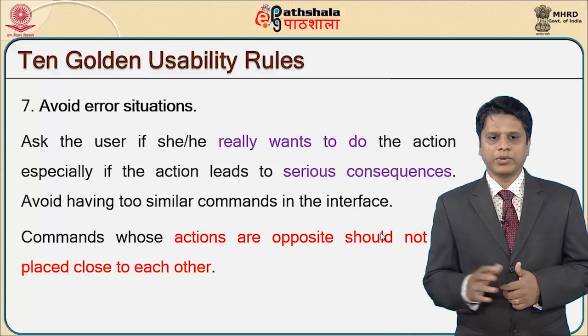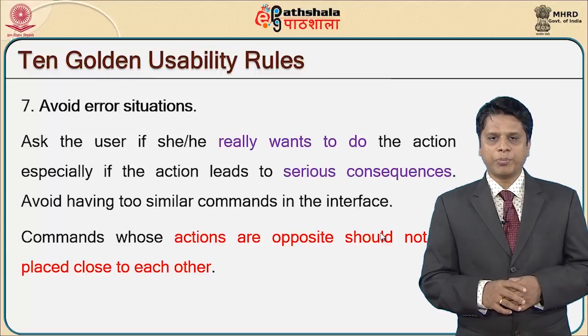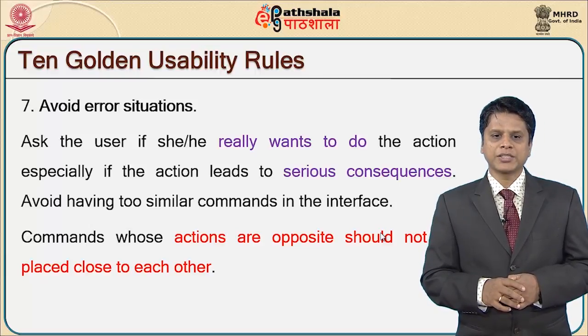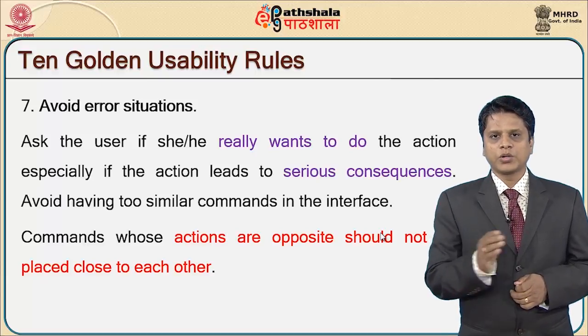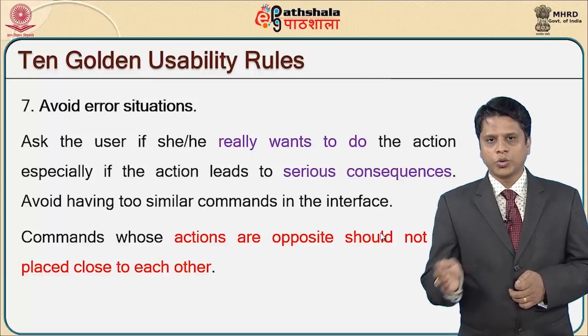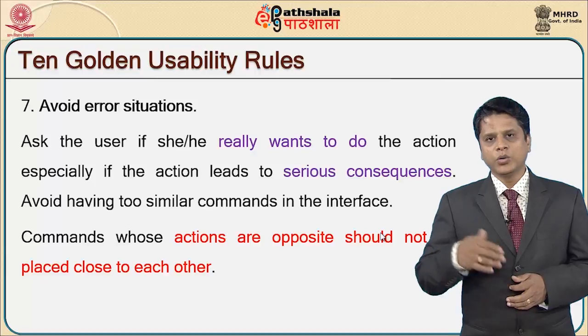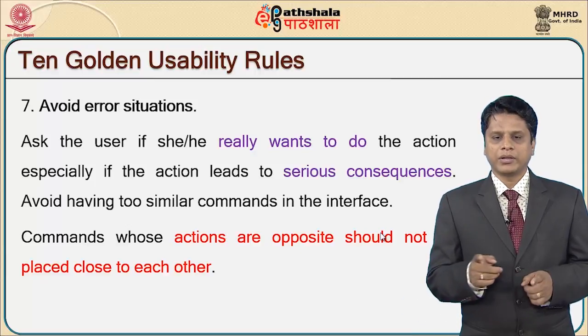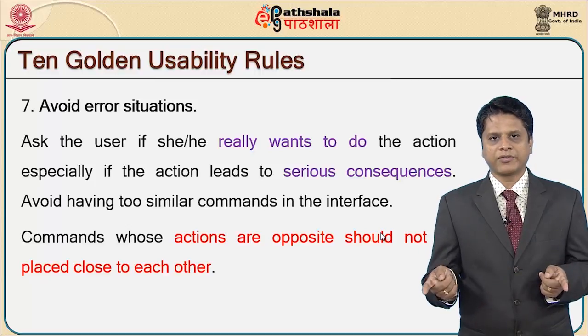Commands whose actions are opposite should not be placed close to each other. For example, if Control C and Control V are too close, there is a possibility of mixing them up. So buttons which are very close to each other should not perform two opposite functionalities.